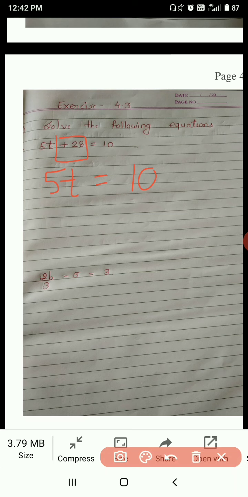You are removing 28 from the LHS, and you are sending 28 to the right hand side. Then its sign will be changed. Here it is plus, so here it will become minus 28. Okay. Then 5t equals 10 minus 28. So 28 minus 10 will be 18.